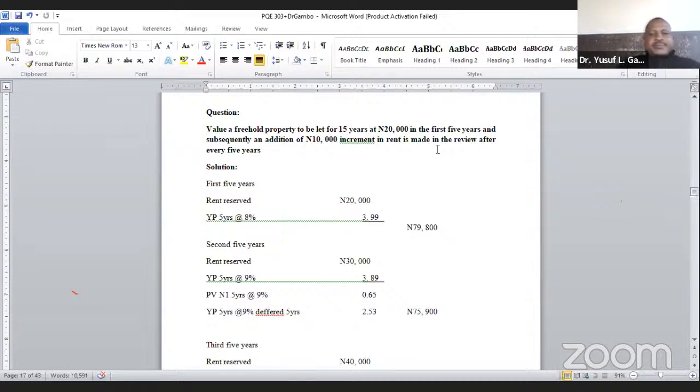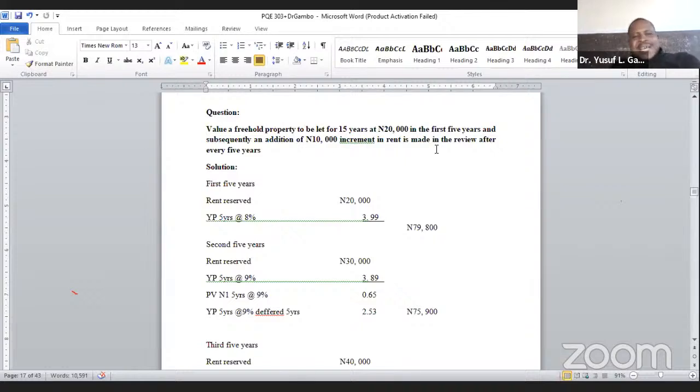You can do it with your calculator. Your chart is blocking my screen. Now, use your calculator to multiply YP 5 years at 9%, that is 3.89, by PV 1 year, that is 0.65.